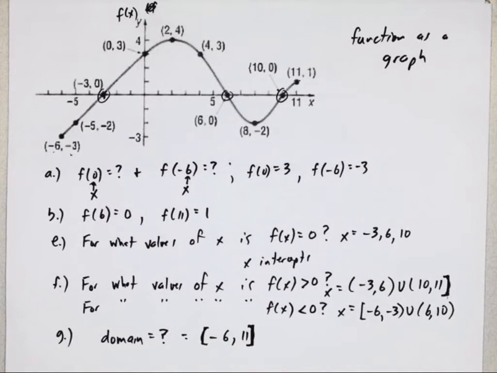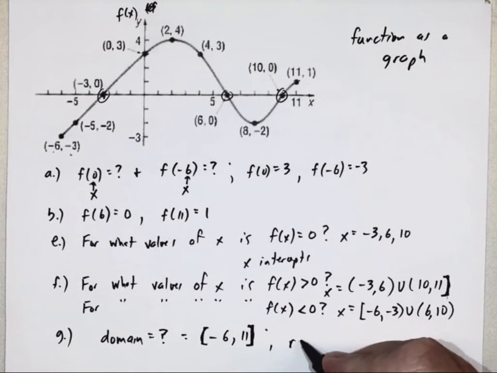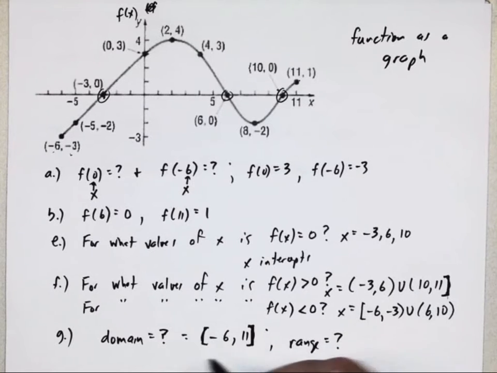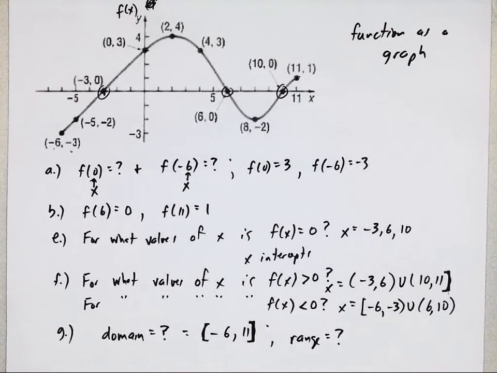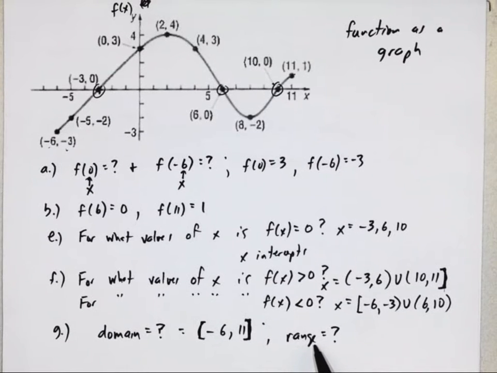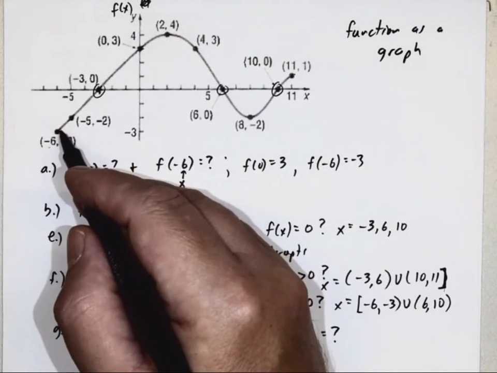Now here's a word we haven't talked about as much, and that's the range. The domain are all the possible values of x. The range are the possible values of y. So when you have a graph, it's pretty easy to find the range, because once again the idea is, what's the smallest value of y?